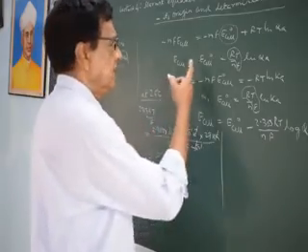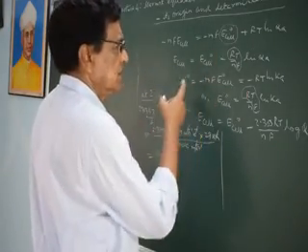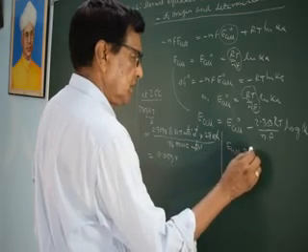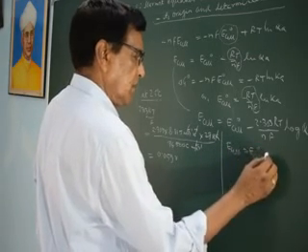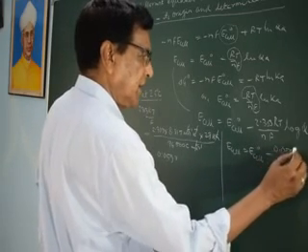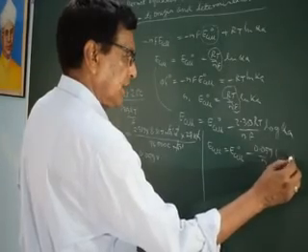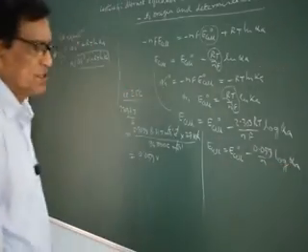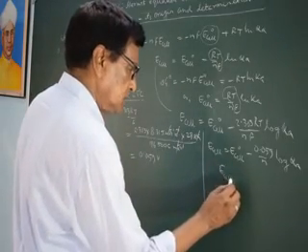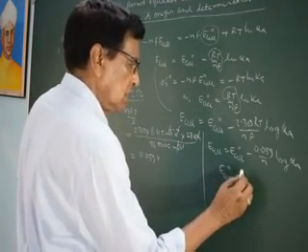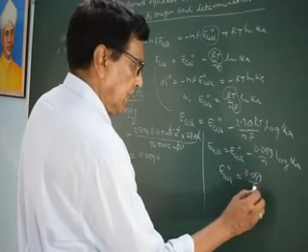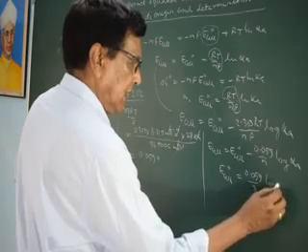So for these cell reactions, the Nernst equation would be written as E cell equal to E cell naught minus 0.059 by n and log QA. QA is the activity quotient of the cell reaction, and E cell naught equals 0.059 by n and log KA.